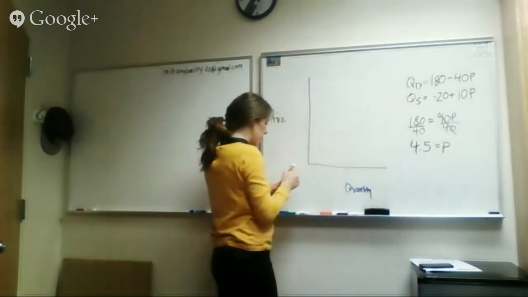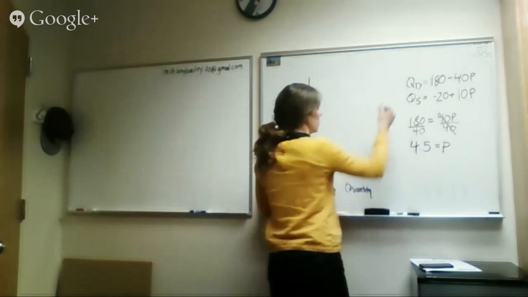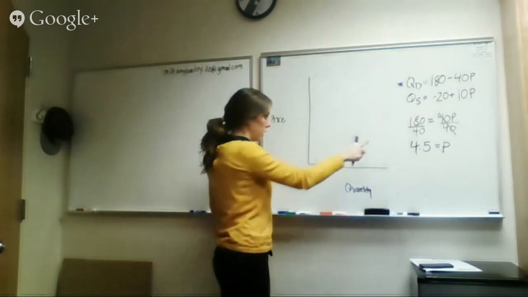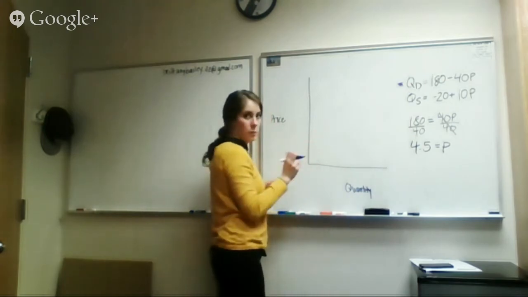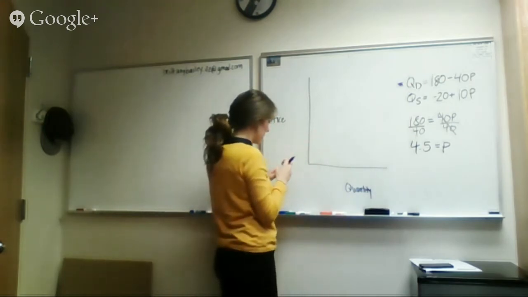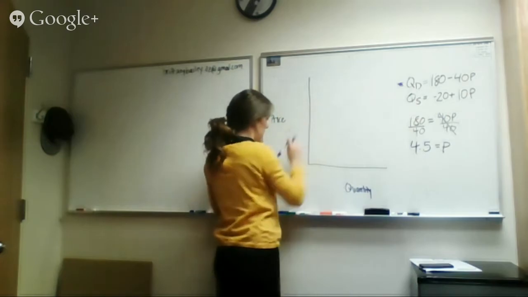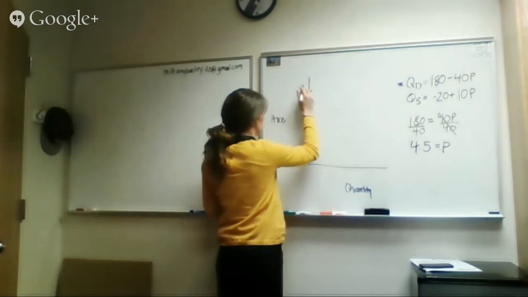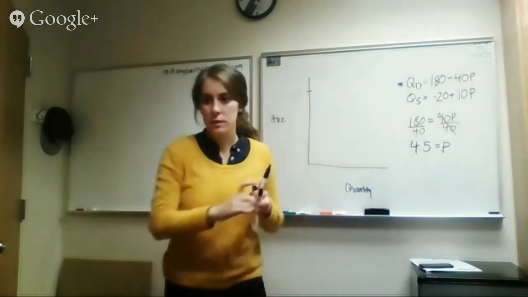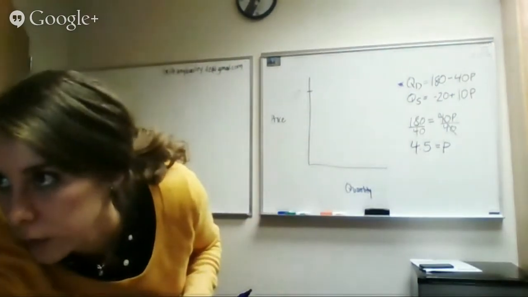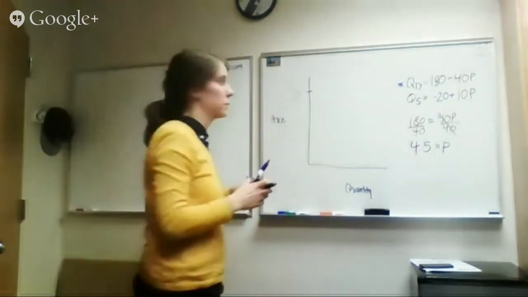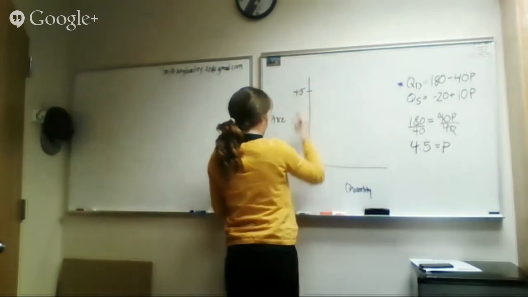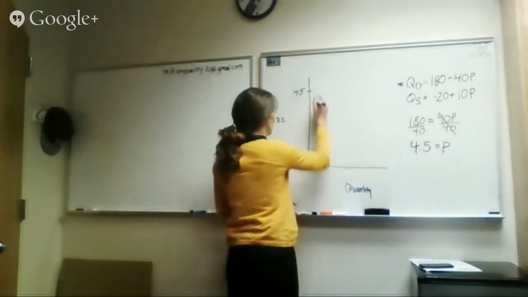So for quantity demanded, I'm going to do that one in purple. And the price intercept point is going to be $4.5.